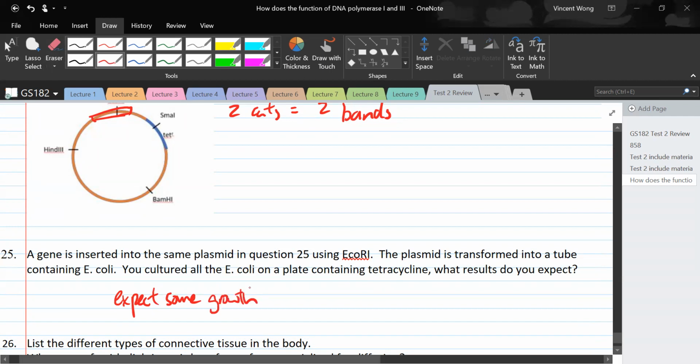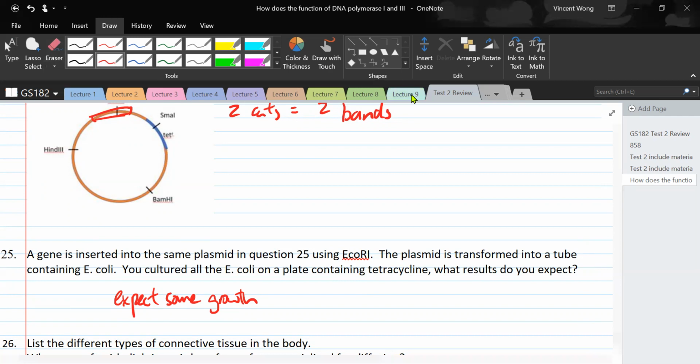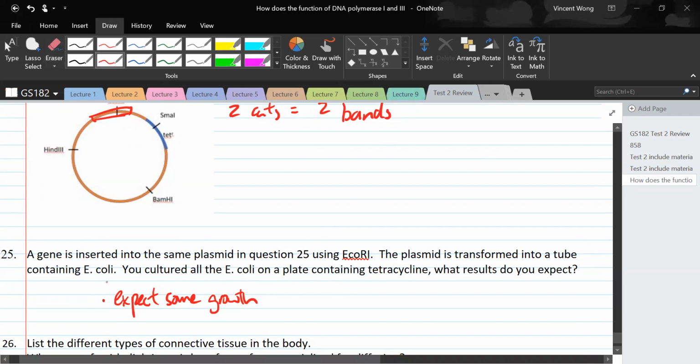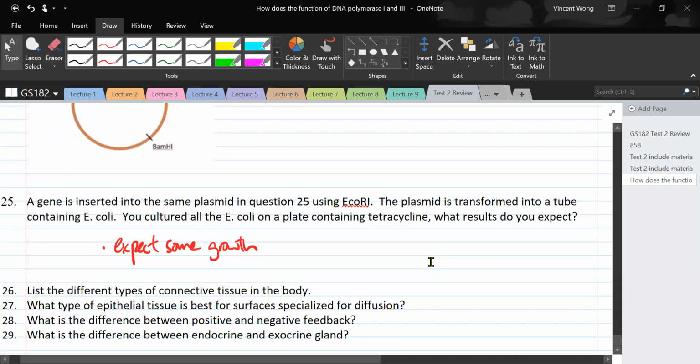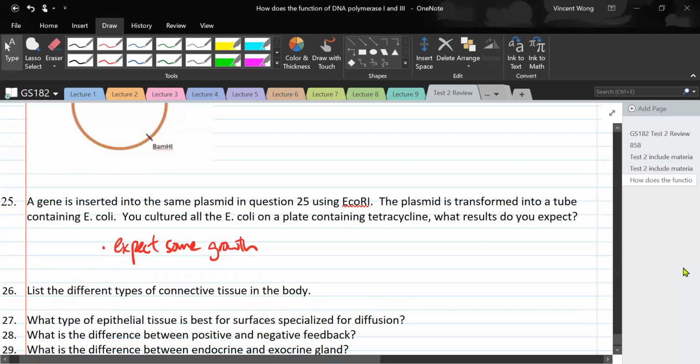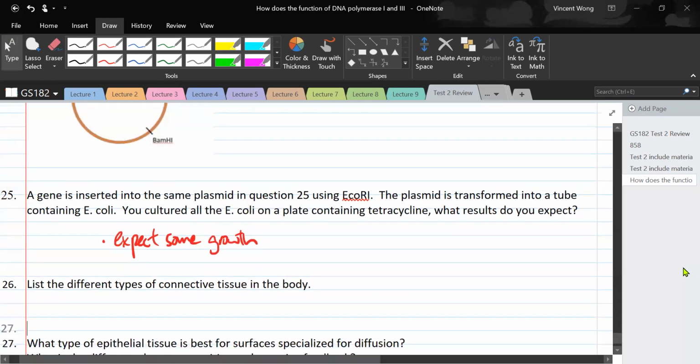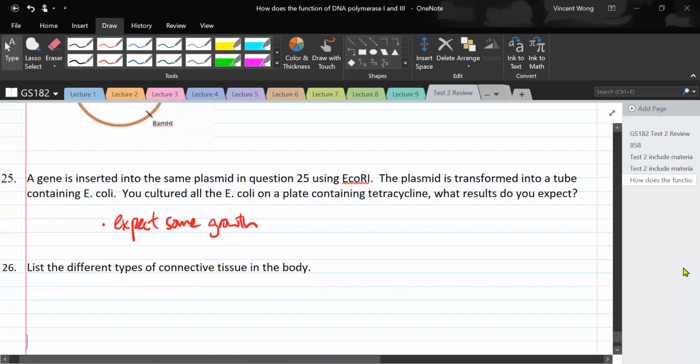Not everything will grow because not everything will accept the plasmid. Just because you try to feed it to the bacteria, they're not necessarily going to take it. So those that have taken up the plasmid will be able to grow in the presence of tetracycline. Everything else would die.